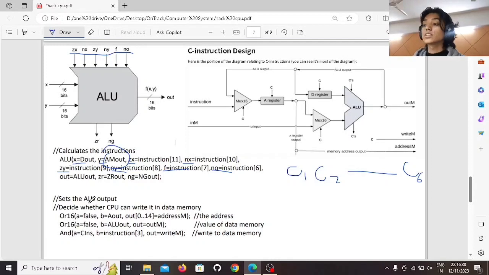Now looking into this, after this it decides whether the CPU writes into the data memory or not. So the first OR gate decides the address, like what would be the address where we want the data value to be stored. The other OR gate decides what would be the value for the data memory, and the AND gate decides whether to write it or not.